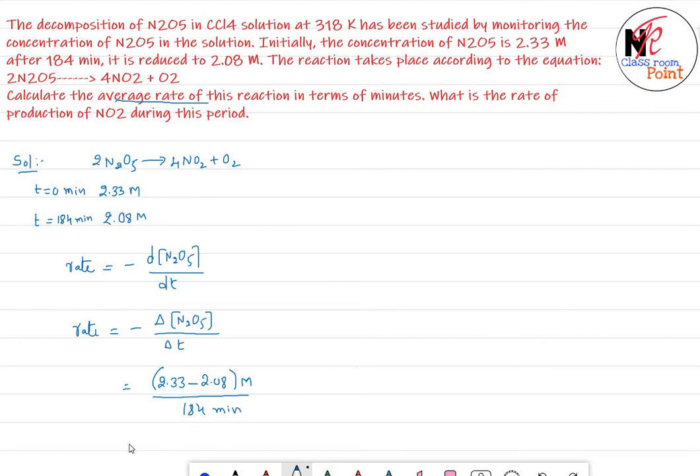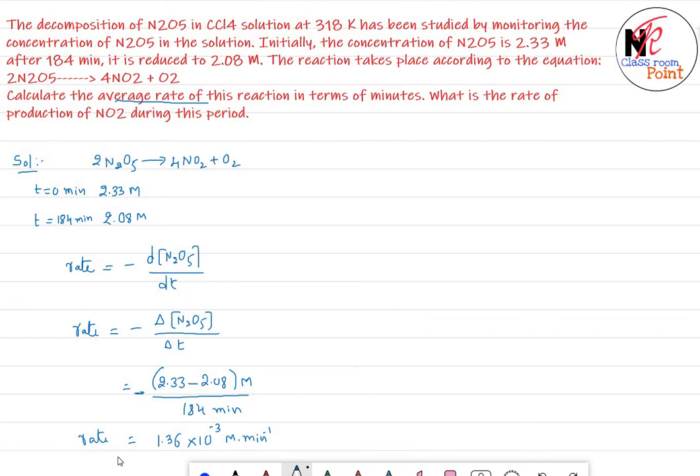Here a minus symbol will be there, but it has no value while solving the problem. It indicates only that there is a decrease in the concentration of the reactant. After solving all this, we get the answer as 1.36 into 10 power minus 3 molarity per minute. This is the rate of this reaction.